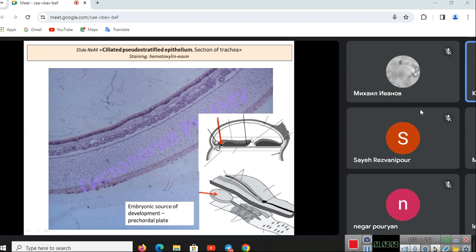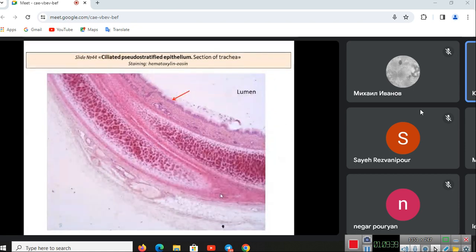So this is the Hensen's node, and the first mass of migrating cells make precordal plate, and the cells which go next make the notochord here. So we need this area. In this picture, the precordal plate is here, and this will be the notochord. So precordal plate makes the ciliated pseudostratified epithelium of trachea.